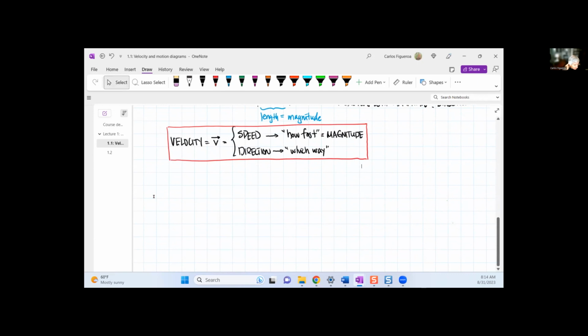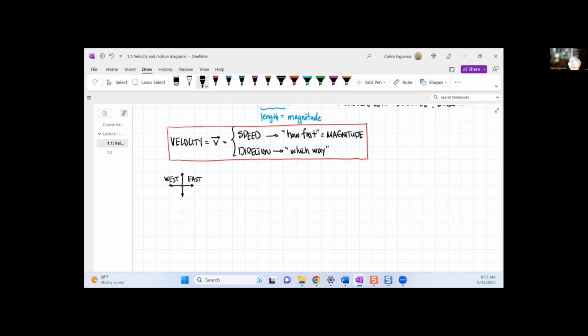So the first thing that we want to do here is that we need to set up a coordinate system to tell us a direction. A lot of the times we will signify going to the right as positive and going to the left as negative. Another way that we can do this here is that we could set up a coordinate system where we then say going to the right means east, going to the left means west.